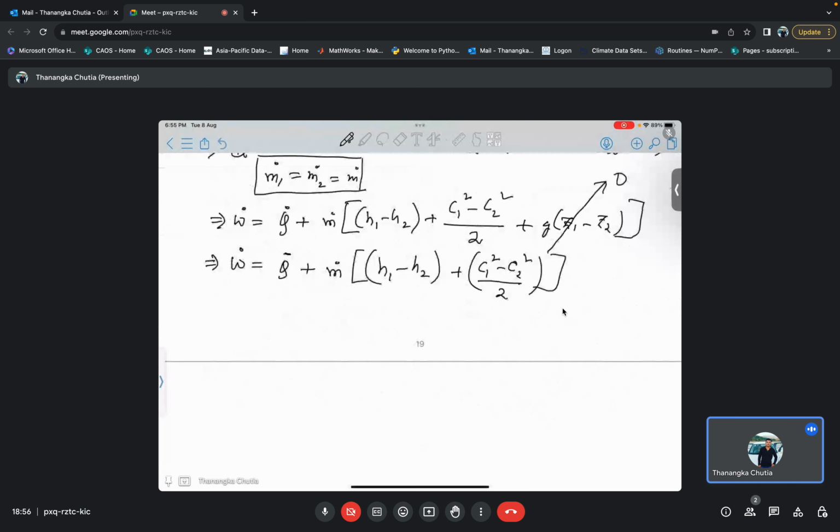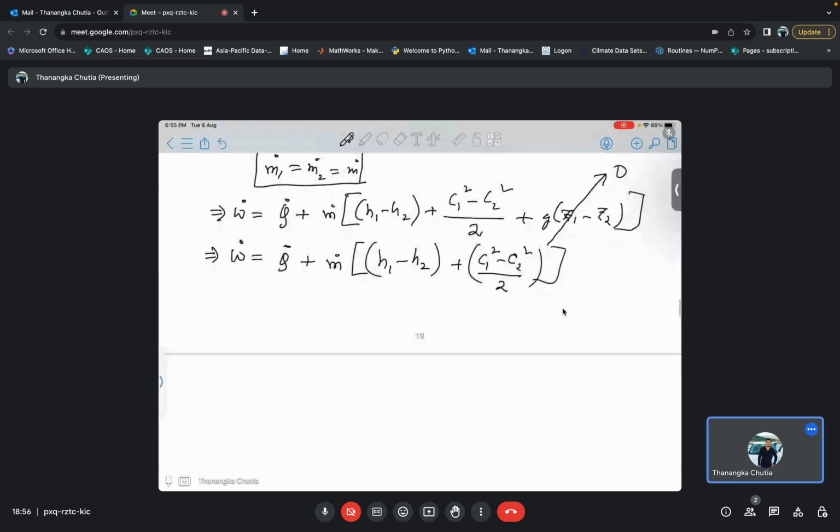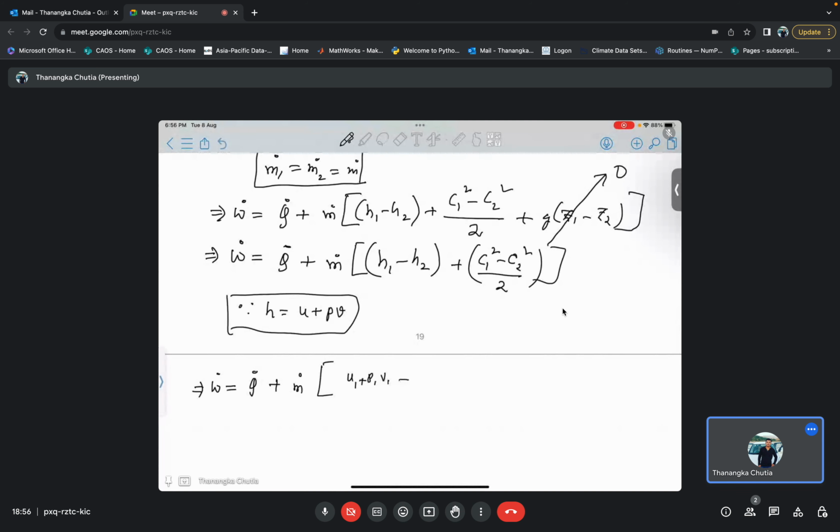Now since h equals u plus pv, using this, finally what we get is W dot equals Q dot plus m dot times (u1 plus p1 v1 minus u2 minus p2 v2 plus (c1 squared minus c2 squared) by 2). Okay, just put the values.